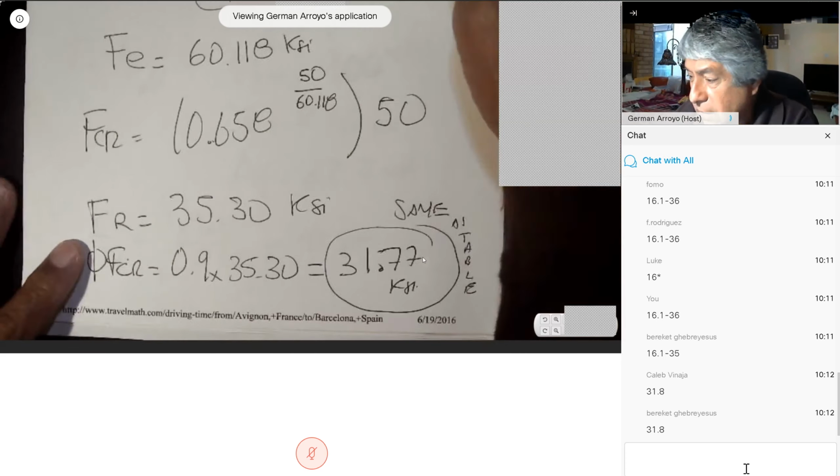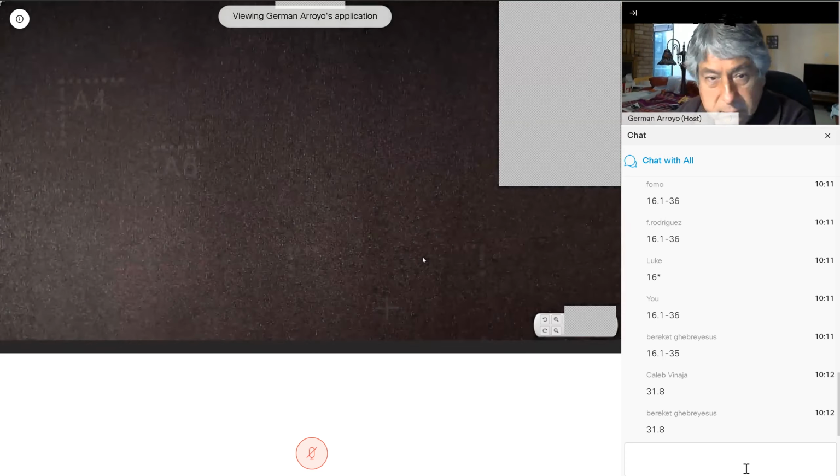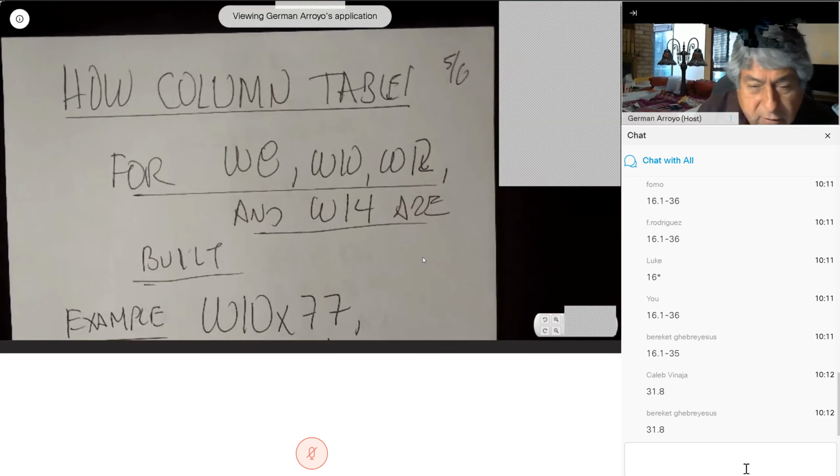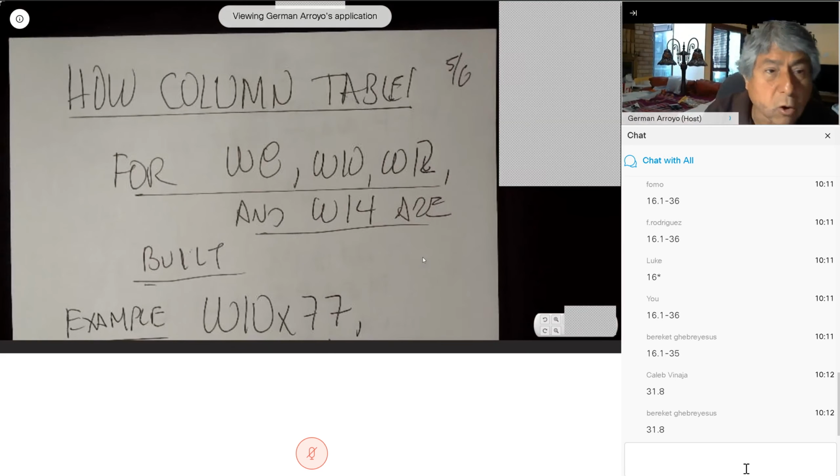The next page. Today, to do our design, we're going to use what we call the column tables. The column tables are also in chapter 4, and we discussed that yesterday.